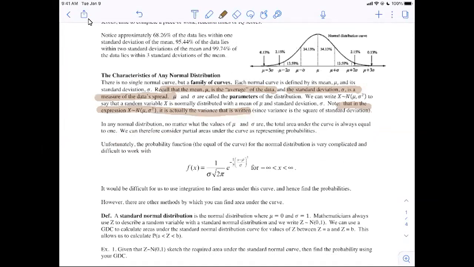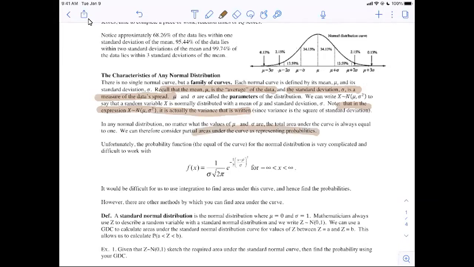Okay, in any normal distribution, the total area under the curve is always equal to 1. What math concept did we do that was area under a curve? Integrals, okay? There's the punchline, there's the connection. We can therefore consider partial areas under the curve as representing probabilities, okay?